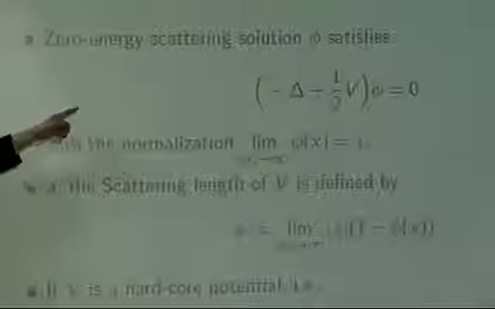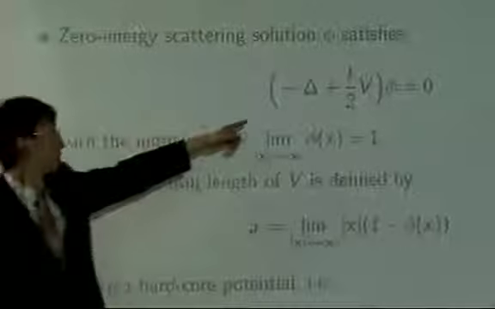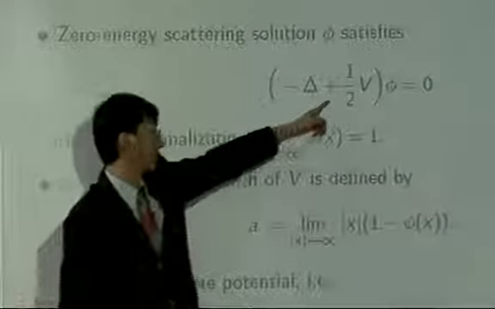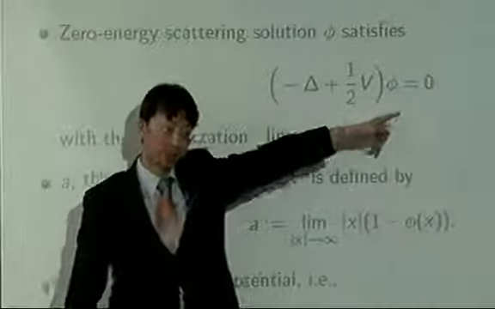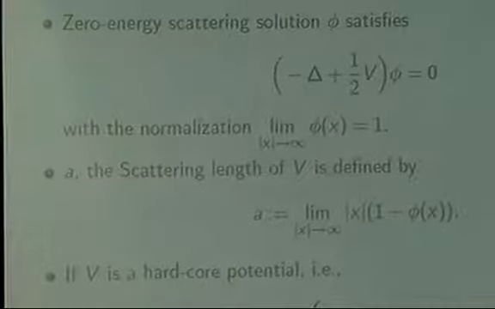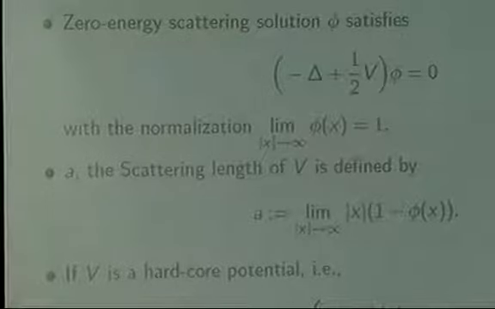And I think I need to explain the scattering length. So when V, the potential, is given, we define the zero energy scattering solution, which is the solution of this: minus Laplacian plus 1/2 V times phi equals 0. And, well, of course, this is in the three-dimensional case.